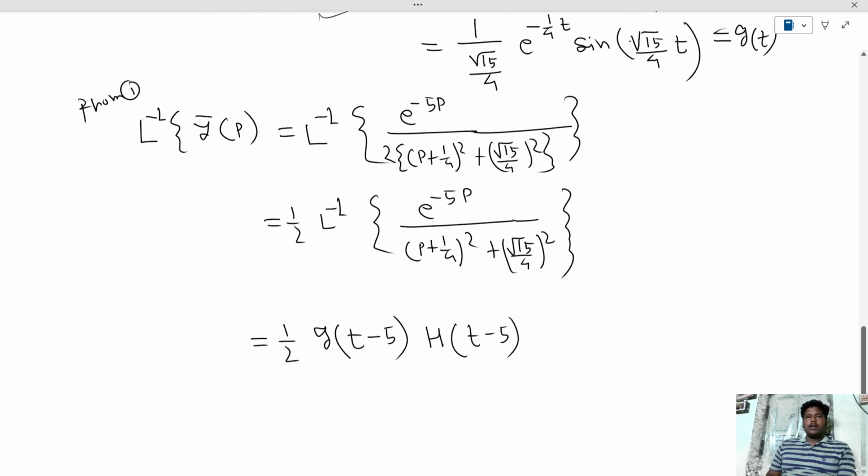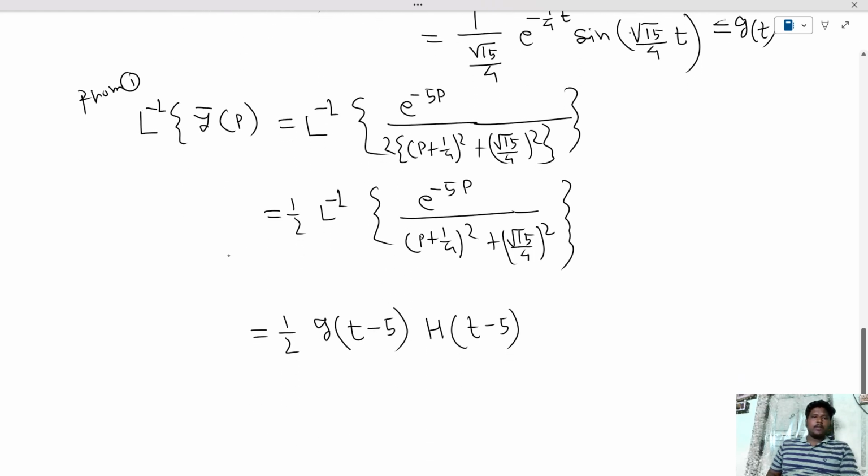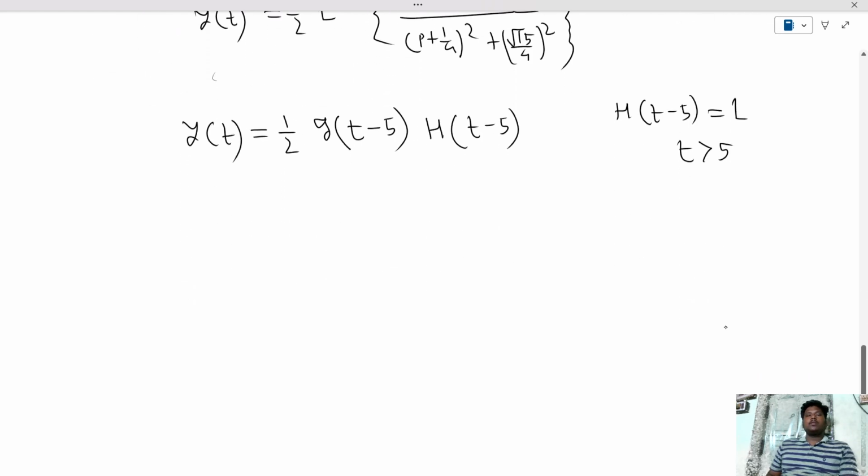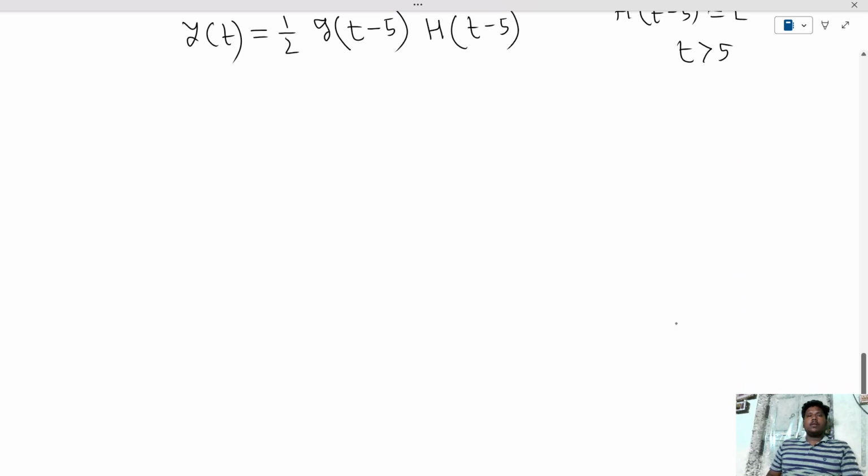So this is yt equals to this, because L inverse y by p is yt. And we know that h of t minus 5 equal to 1 for t greater than 5. Okay, so we get yt equals to 1 by 2 g of t minus 5.